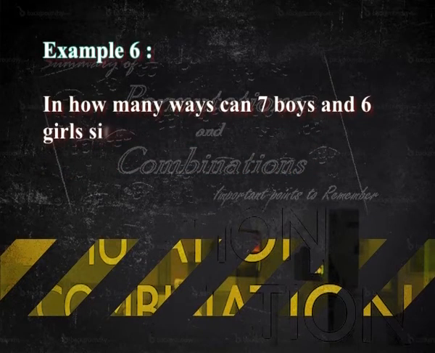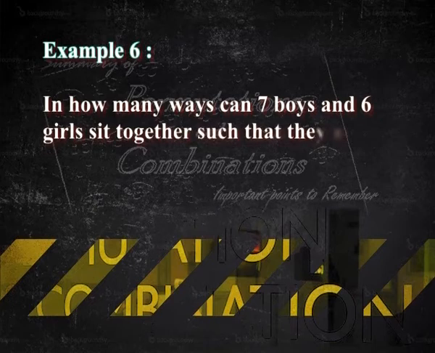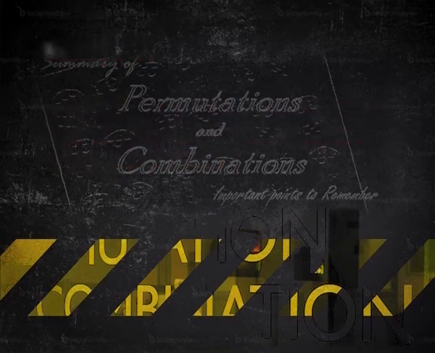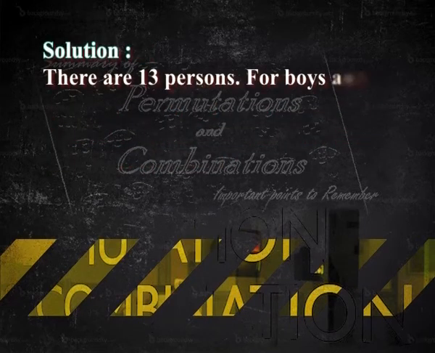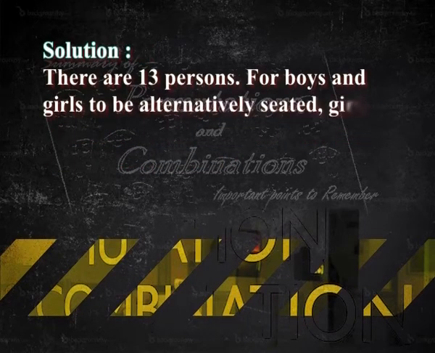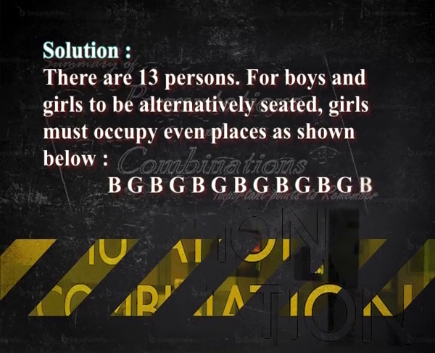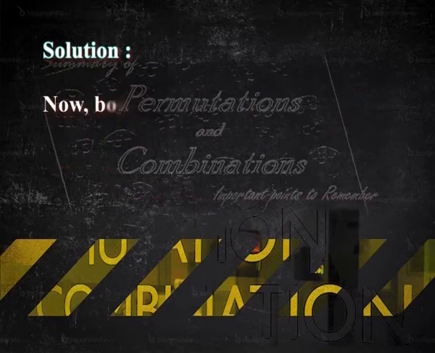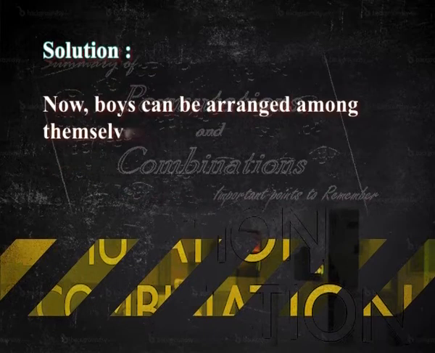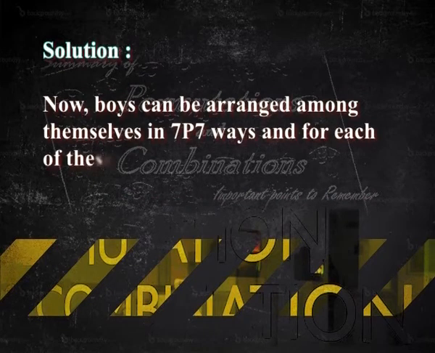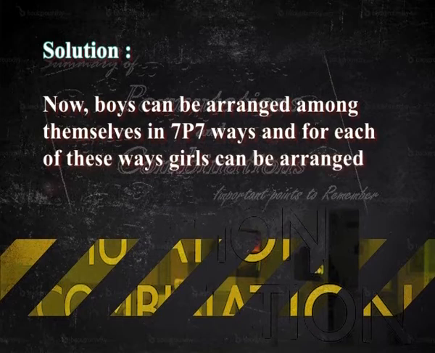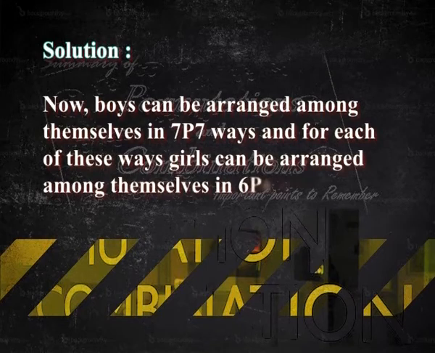Now let's see example number 6. In how many ways can 7 boys and 6 girls sit together such that they are alternately seated? The solution to this is, there are 13 persons. For boys and girls to be alternately seated, girls must occupy even places as shown. Now boys can be arranged among themselves in 7 permute 7 ways, and for each of these ways, girls can be arranged among themselves in 6 permute 6 ways.